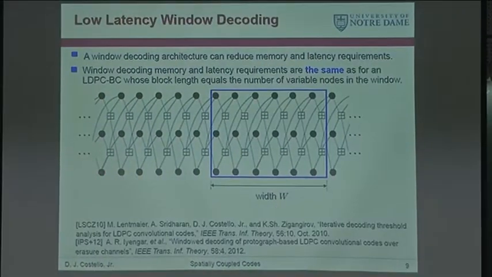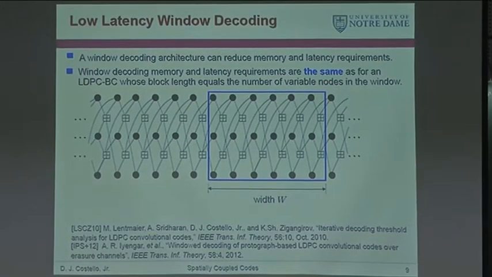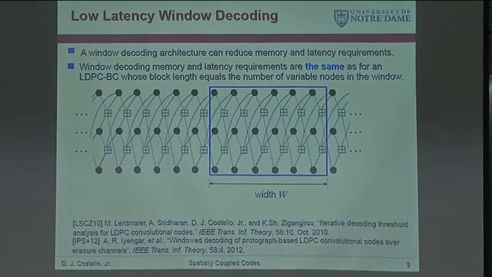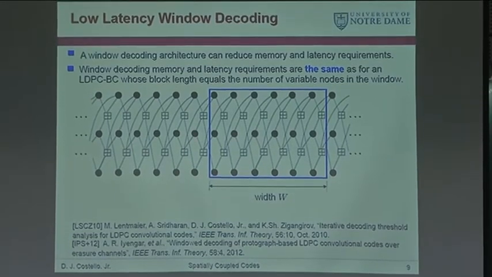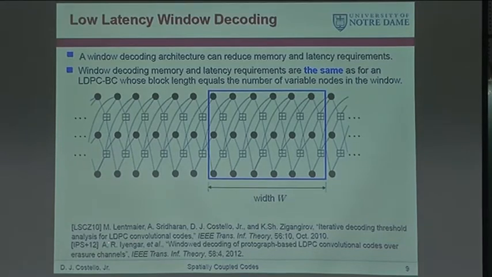Now, that delay is nice for the architecture, but it's not necessary for good decoding. So a variation on this was originally published as an algorithm by Iyengar, Paul Siegel and Jack Wolf back in 2012.